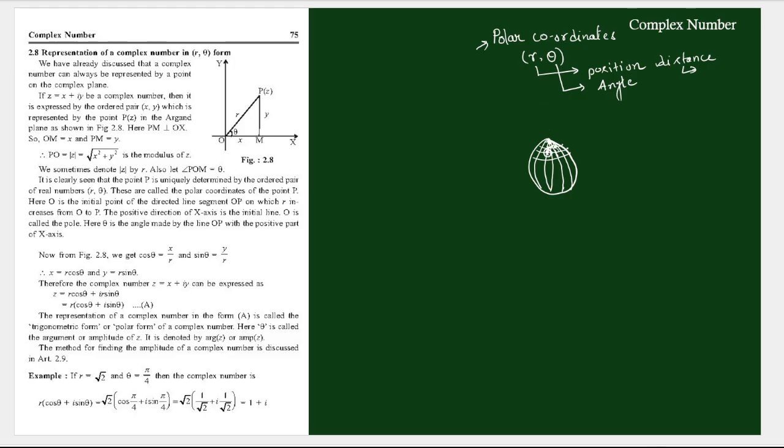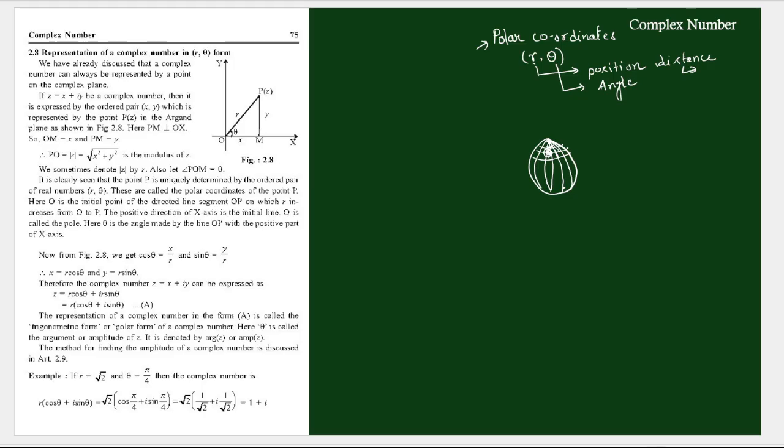So if you know these two things, how much position from the pole and how much angle it has made with the reference angle, then you can tell the exact position. So in polar coordinates, we have got the r, distance between 2 points, and the angle.